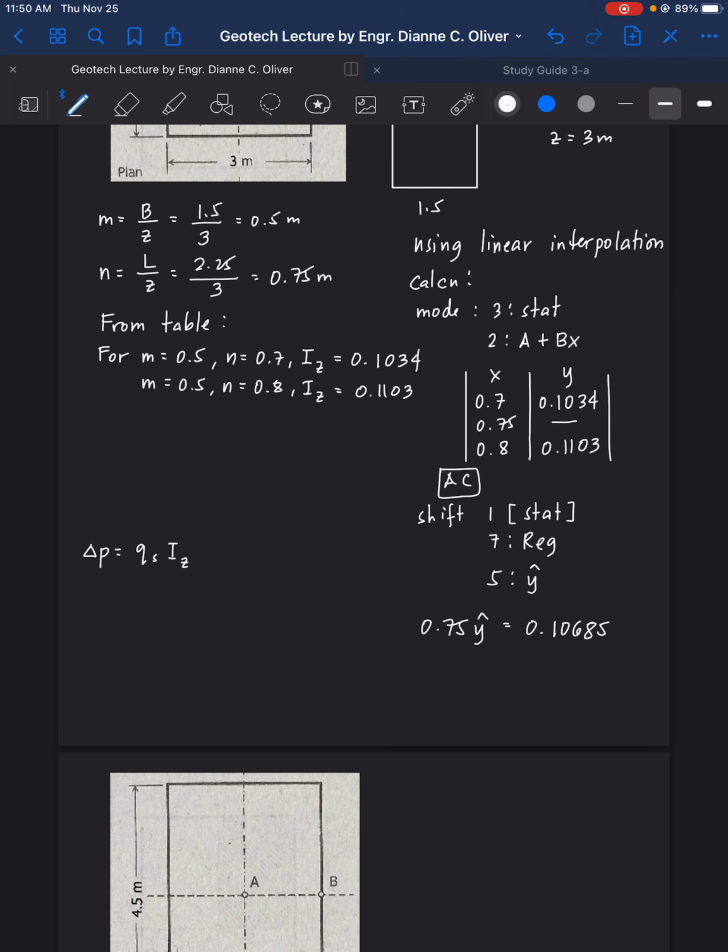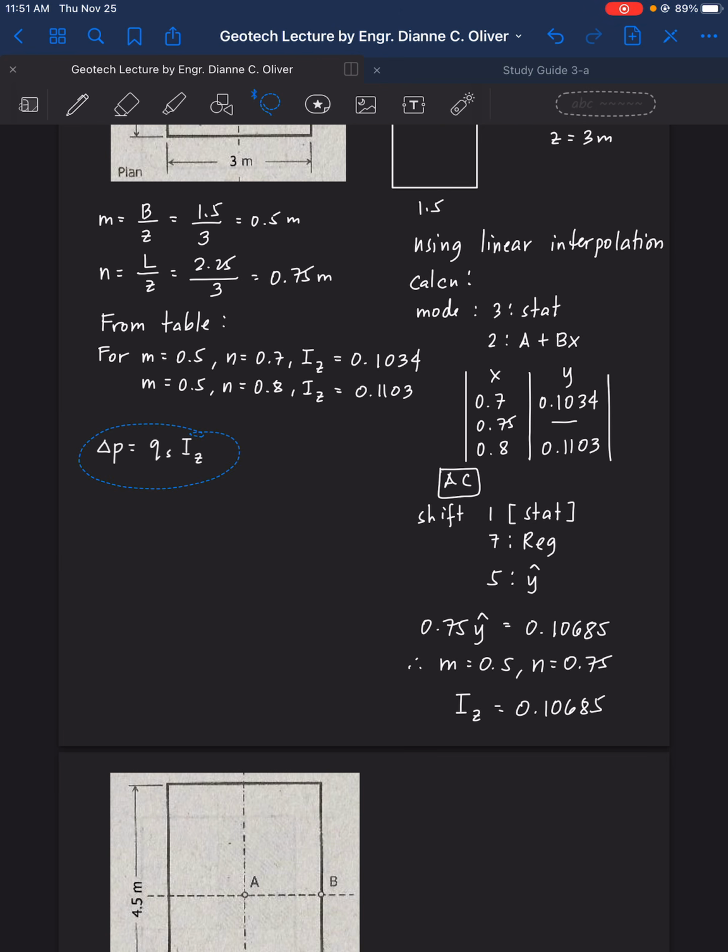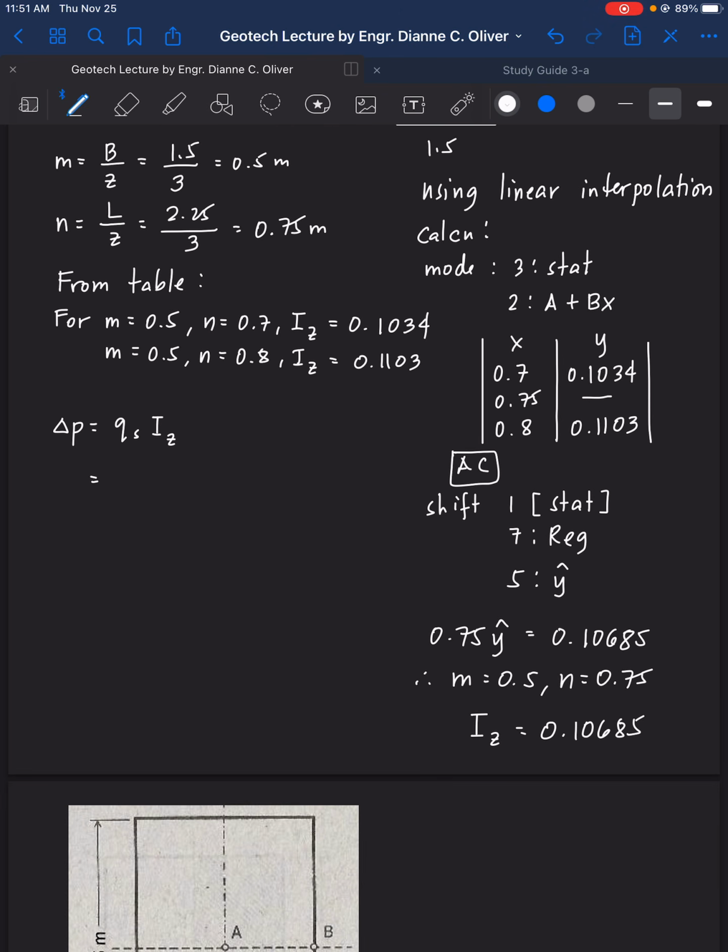So you now have the value. Therefore we have m is equal to 0.5, n is equal to 0.75, ij equals 0.10685.